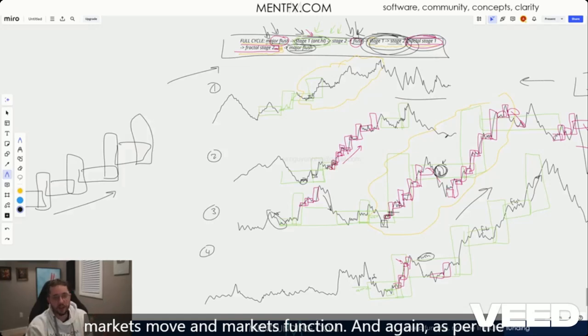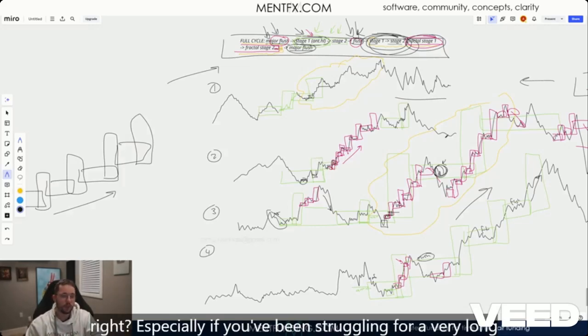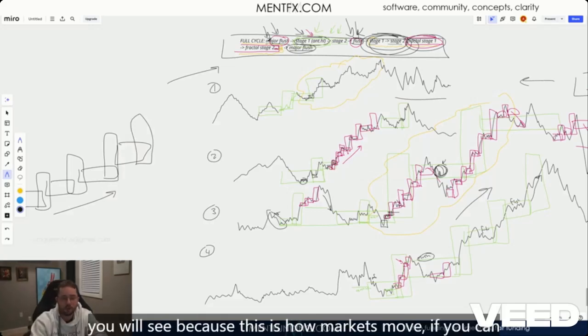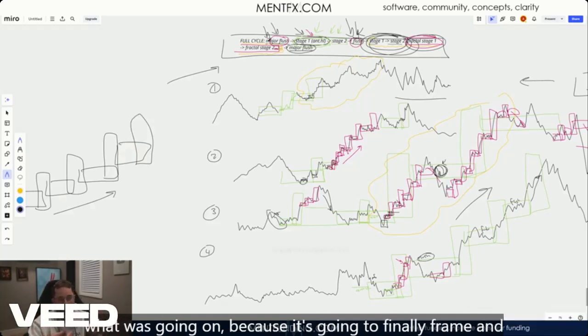And again, as per the last video, I advise a lot of you to go to your charts, right? Especially if you've been struggling for a very long time, and try to see from a lens of this idea here, which you will see because this is how markets move, if you can give a cycle to a given move, or if you can give a cycle to what was going on, because it's going to finally frame and put in almost like rose-colored glasses, right?